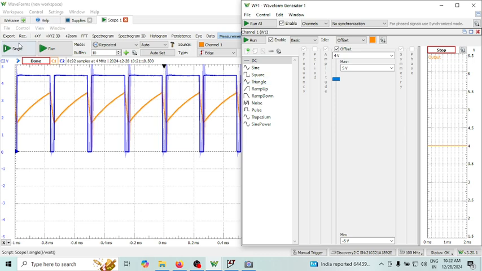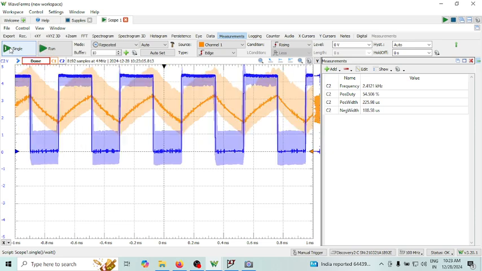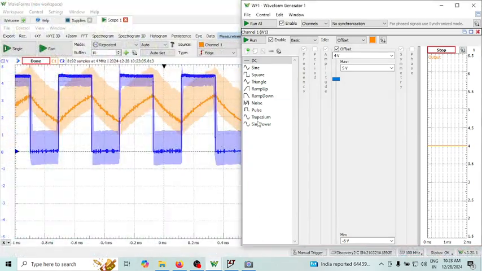Let me run this and see what duty cycle I'm getting. It's almost 50%.